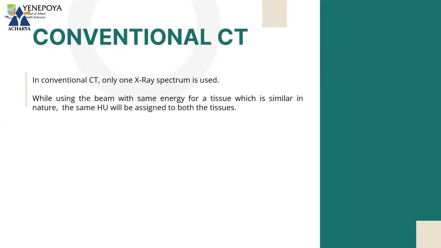As I told you, in conventional CT you use only one spectrum. To explain it in a better way, in CT imaging you measure the linear attenuation coefficient of different tissues as the X-ray beam passes through them. Each tissue will have its own linear attenuation coefficient, depending on its physical density, its atomic number, and the energy of the beam.